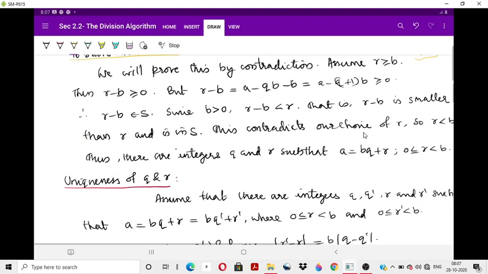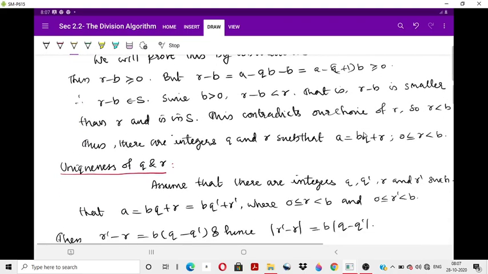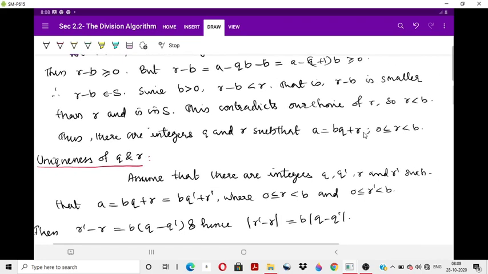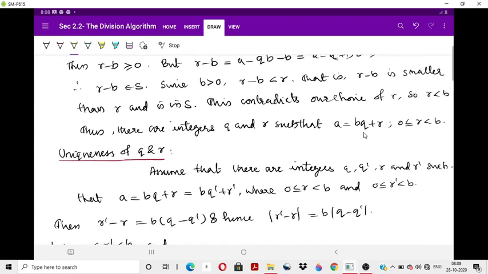For uniqueness, we have to assume that there are integers Q, Q dash, R and R dash such that A is equal to BQ plus R, which is equal to BQ dash plus R dash.